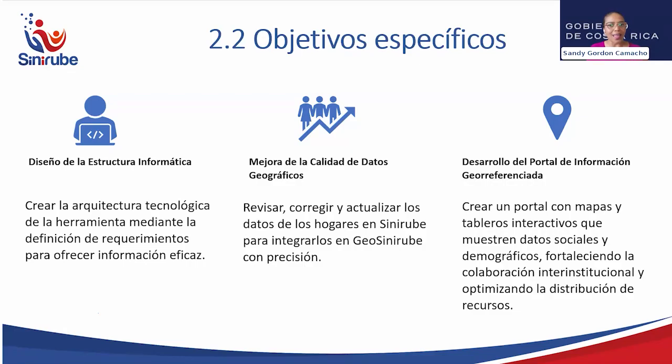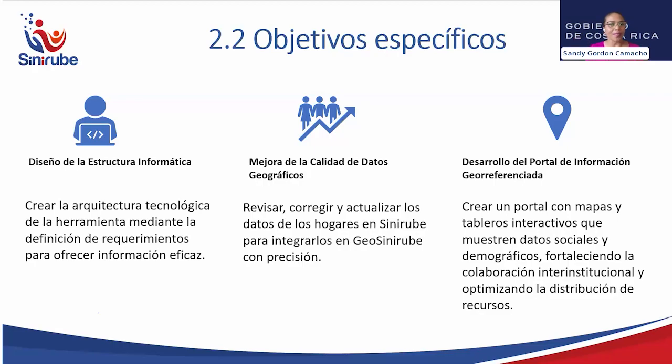Sinirube is hosted in a database of 90% of the population in Costa Rica. That's why it's so important to use the data for our forecasts and projections, and they have to be accurate data to develop a geo-reference system.